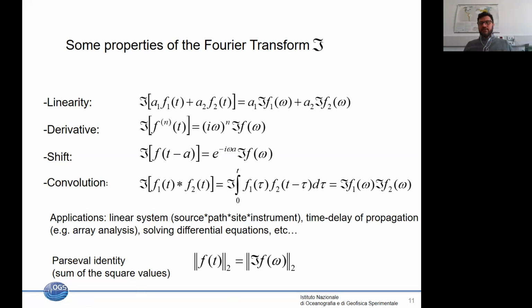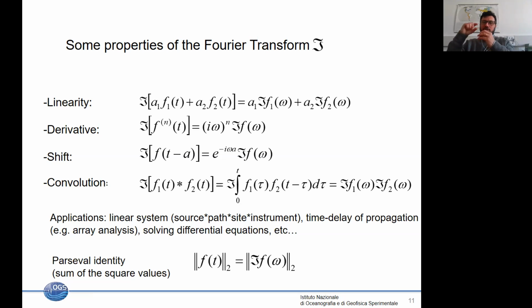Site is that when waves are propagating, we will see it later. You have a propagation starting from the source, that is your initial signal. This is propagated through the crust, let's say. And then depending on the local geology just below your point of observation, you have some modification of the shaking due to the site.